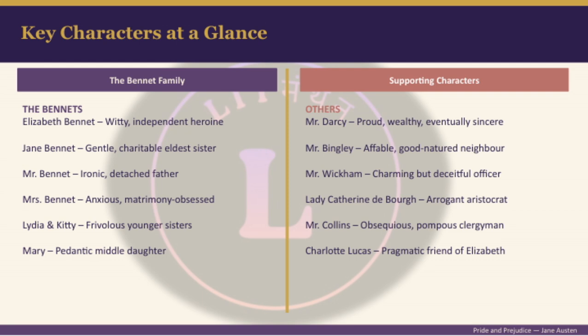Mrs. Bennet is anxious and obsessed with the idea of marriage, which fuels much of the family's dynamics. Lydia and Kitty are the younger, more frivolous sisters, adding lively energy and a touch of chaos. Lastly, Mary, the middle daughter, is quite pedantic, often providing comic relief with her seriousness. Supporting characters round out the story, giving it depth and contrast.